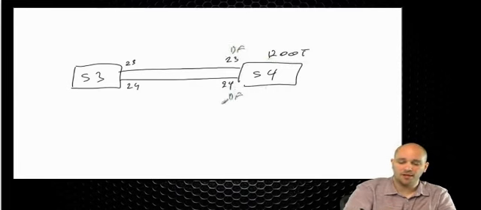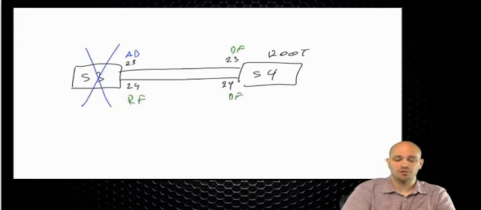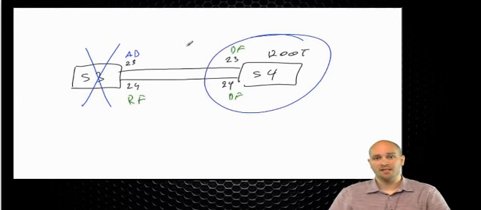There is nothing we can do about that. But that we wanted to have this as the root port, and that we wanted to have this as the alternate blocking port. And by the way, do not make any configurations on switch 3. So the only place where we can make any modifications will be switch 4. So how to do that?